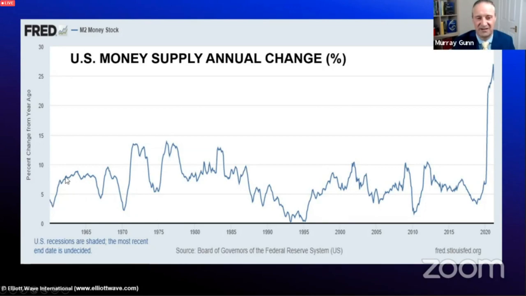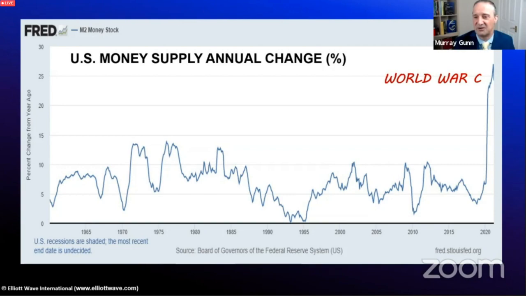And we can see that from the 1960s, it was contained at, below 15%, say 14%. But of course, since the COVID pandemic, which has been a response by governments and central banks very much like a conventional war situation, the money printing has gone ballistic.